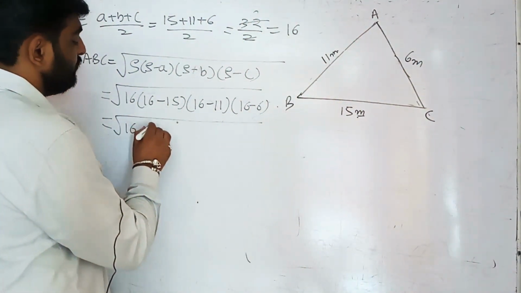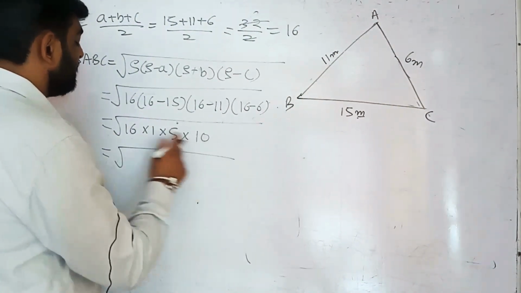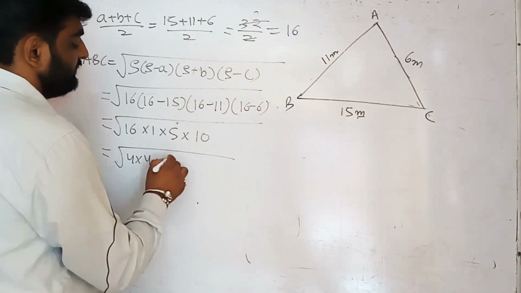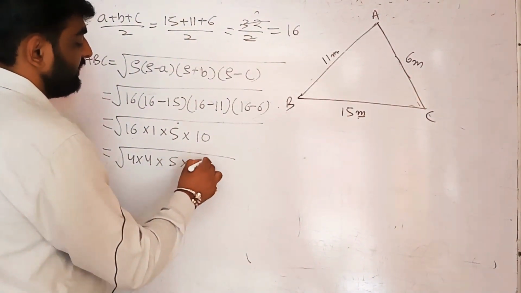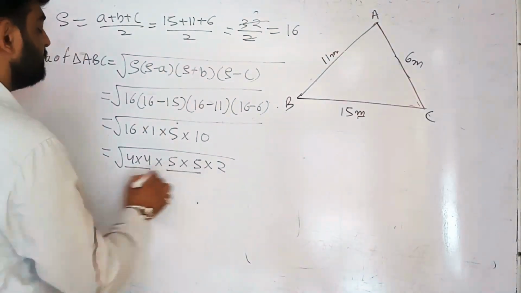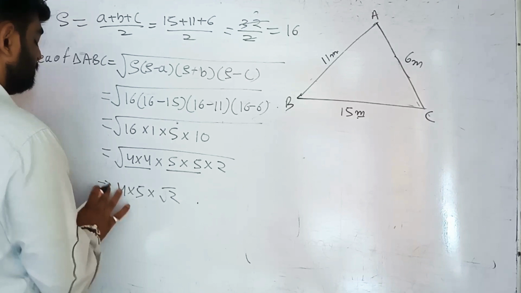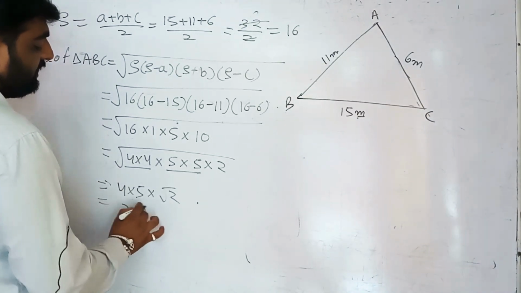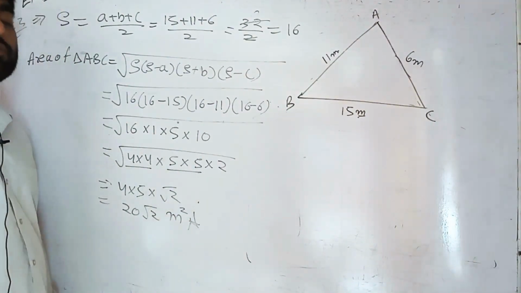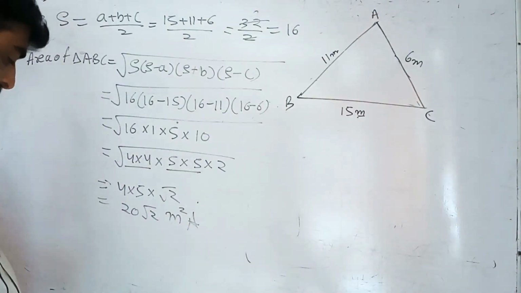So under root 16 into 1 into 5 into 10. If we factorize, 16 is 4 into 4, 1 is 1, 5 is 5, and 10 is 5 into 2. Two 4s are there, two 5s are there. So 4 into 5 into root 2, that is 20 root 2 meter square, is the area required for painting the colors on the wall.